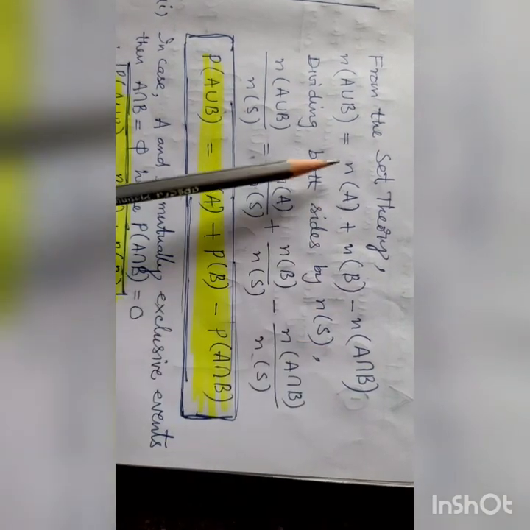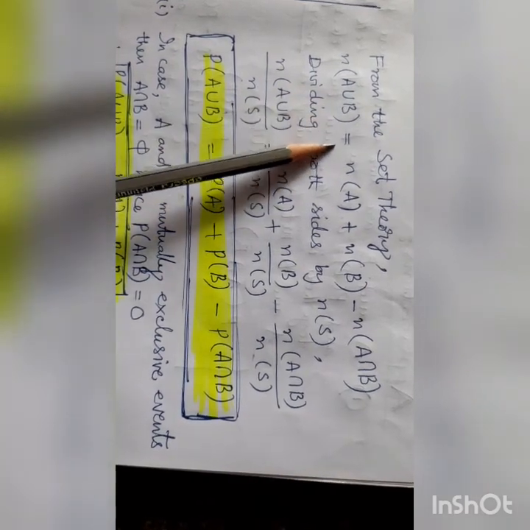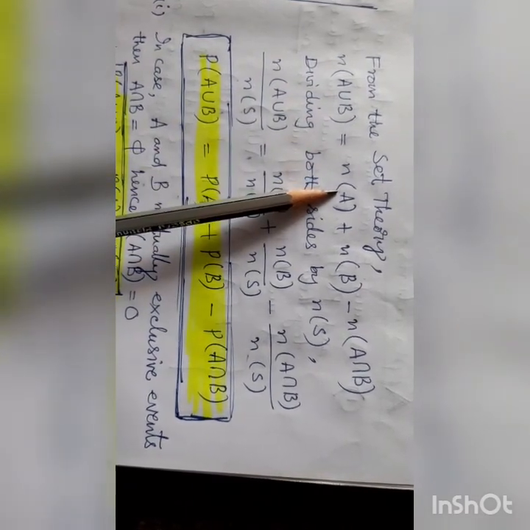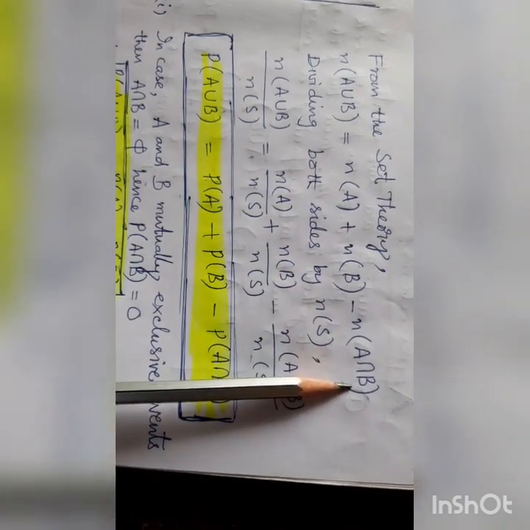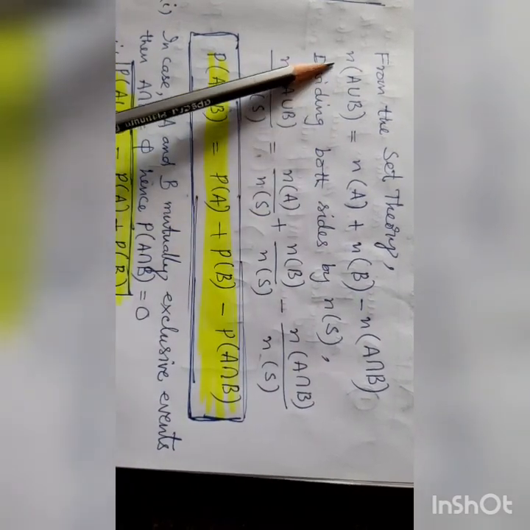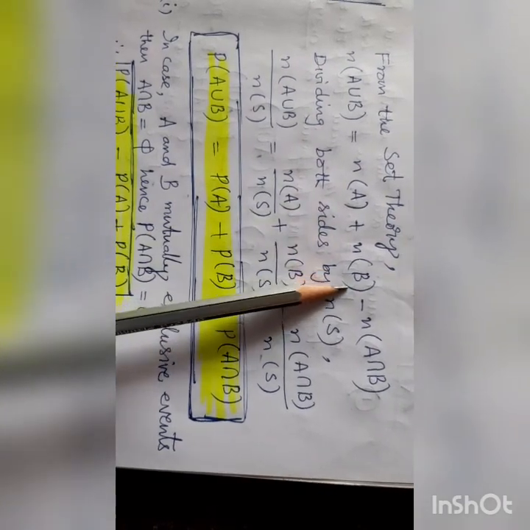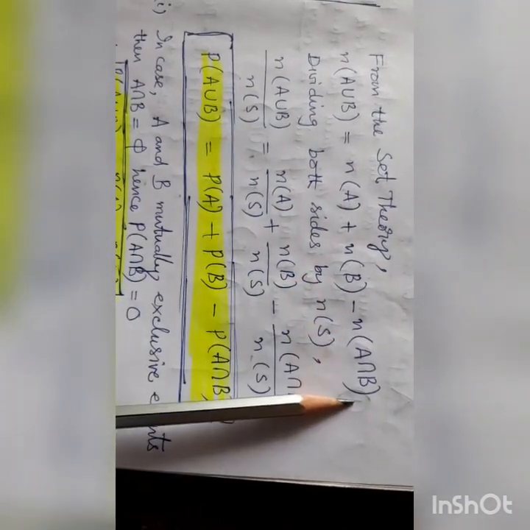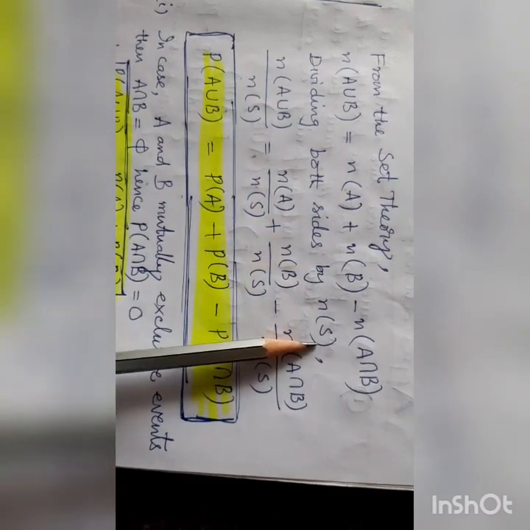You see here, naturally in the set theory, A union B equals A plus B minus A intersection B. It is very natural. So I apply n(A ∪ B) = n(A) + n(B) − n(A ∩ B), dividing both sides by n(S).